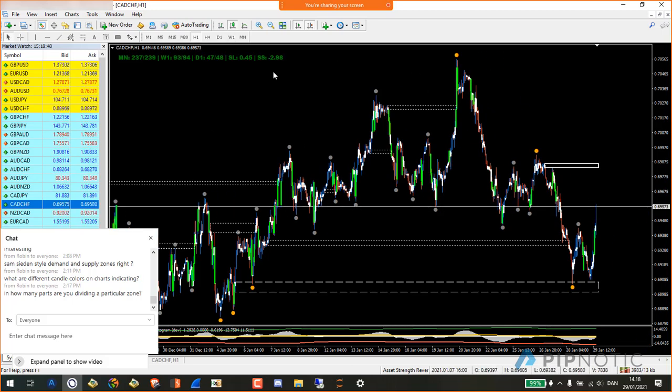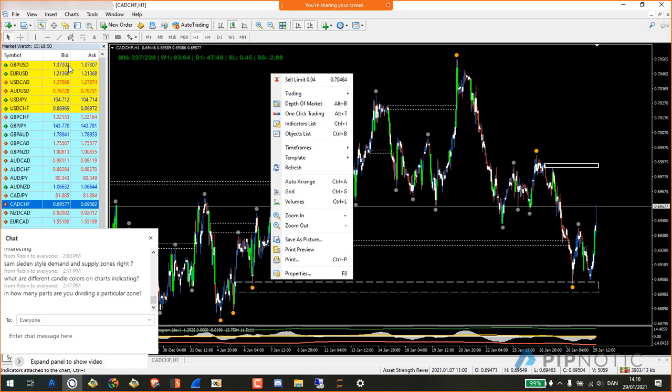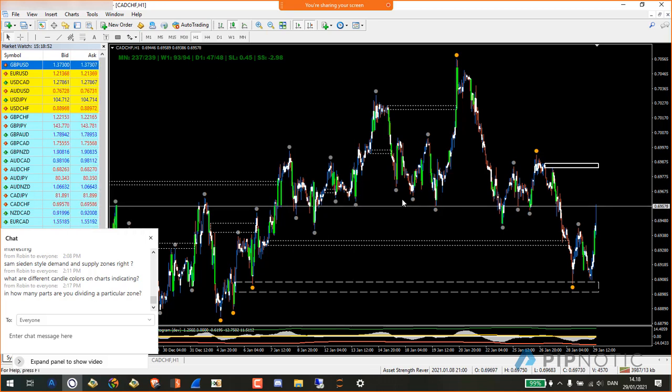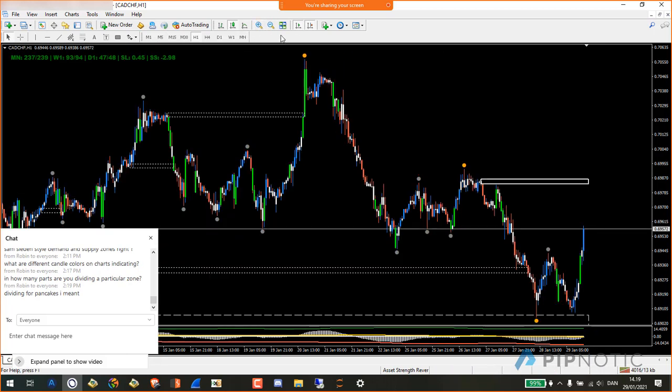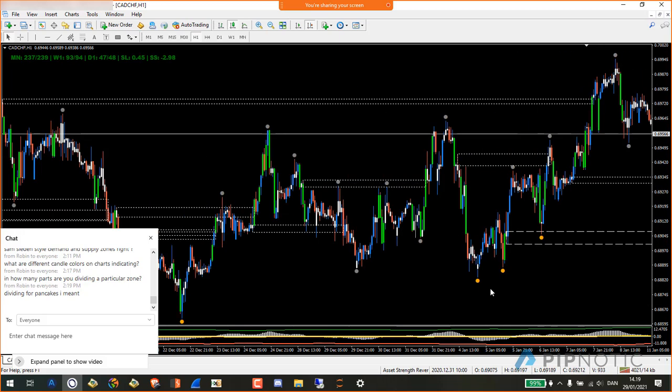So let's first of all look for an area. If we have an area like this one just here, this is a really nice one. Price formed. We had something in here.